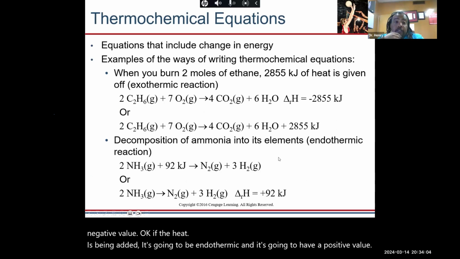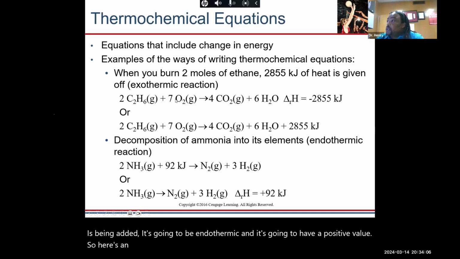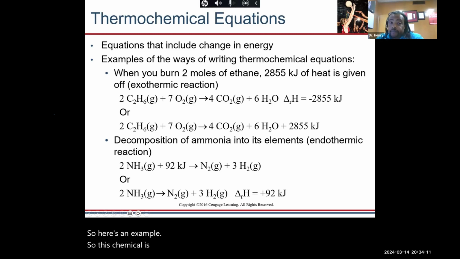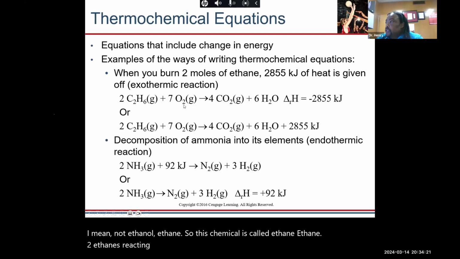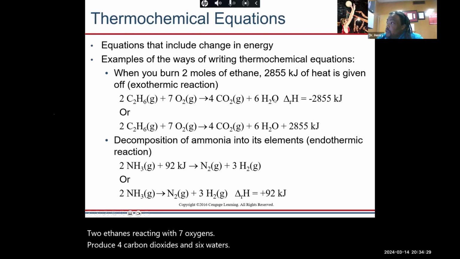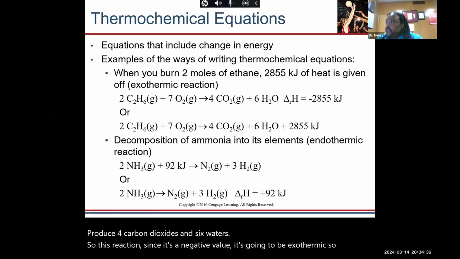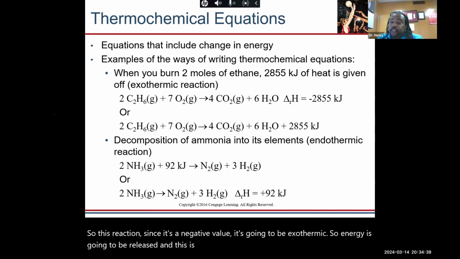So here's an example. This chemical is called ethane. Two ethanes reacting with 7 oxygens produce 4 carbon dioxides and 6 waters. Since this reaction has a negative value, it's going to be exothermic, so energy is going to be released. And there are 2 ways of writing this equation.